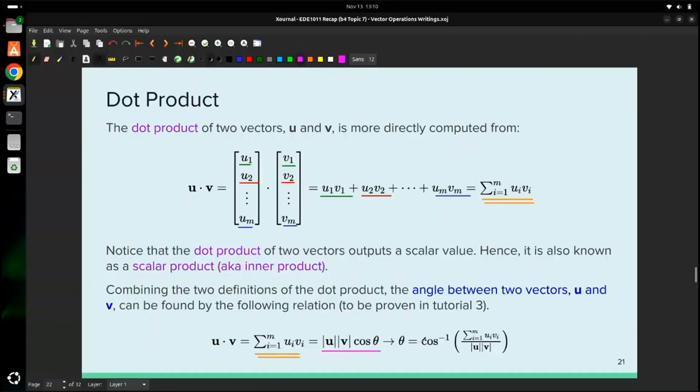Then you realize that it's just cosine inverse of the sum of the products of the components divided by the product of the magnitudes or the lengths of those vectors. So this is a common way to find the angle between two vectors.